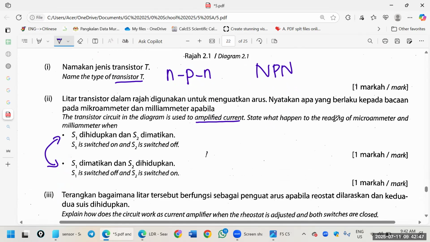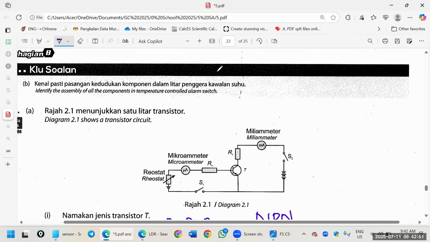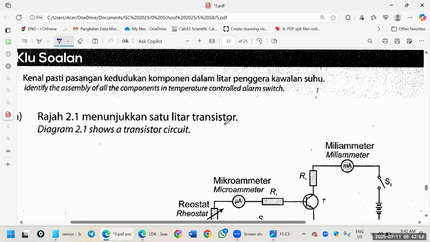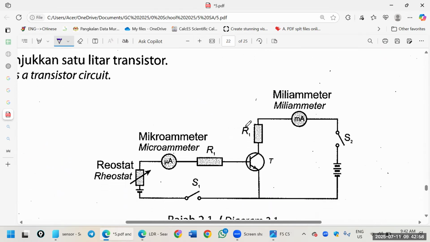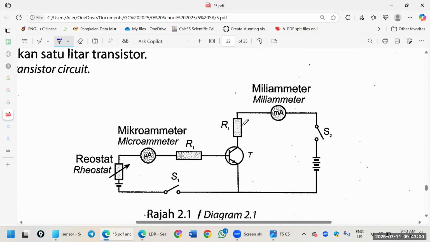State what happened to the reading of the microammeter and milliammeter. Which one has larger current, micro or milli? Which one has larger current?